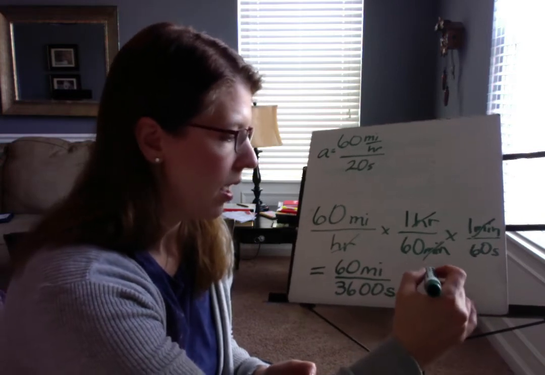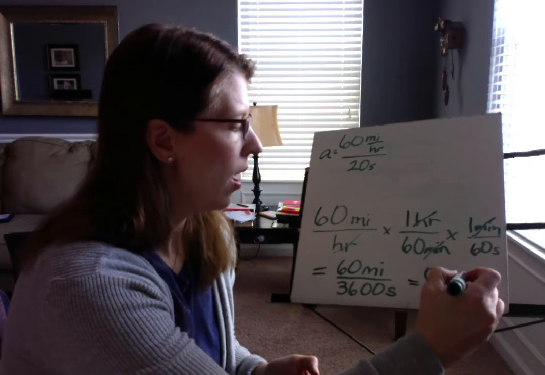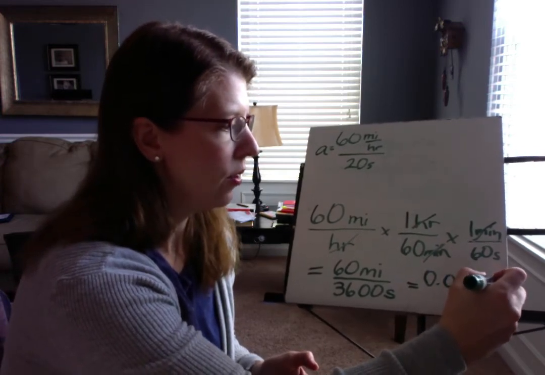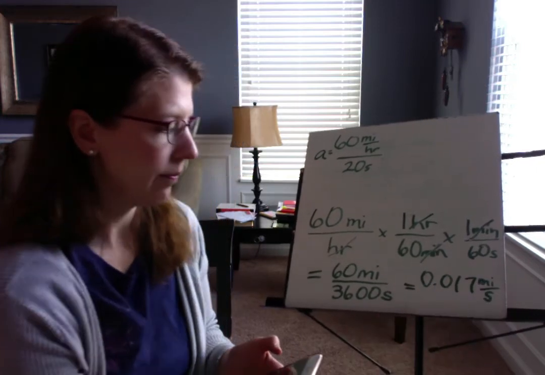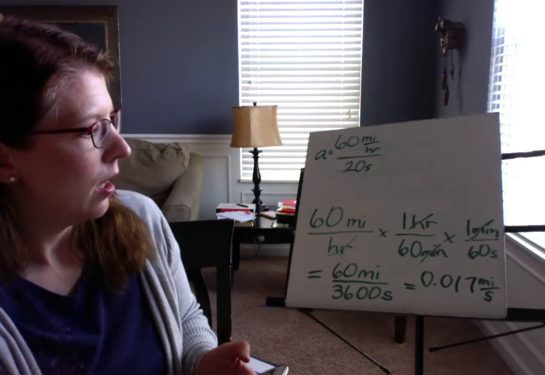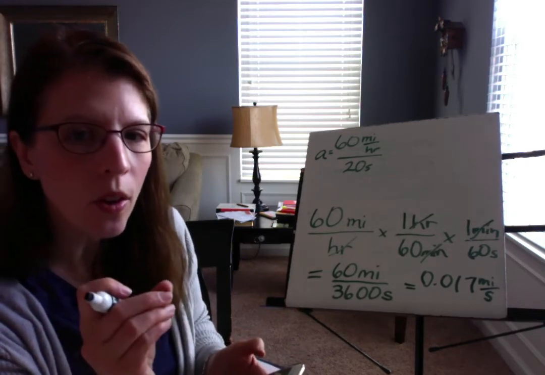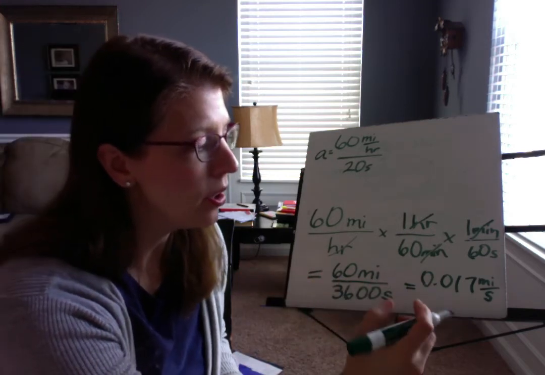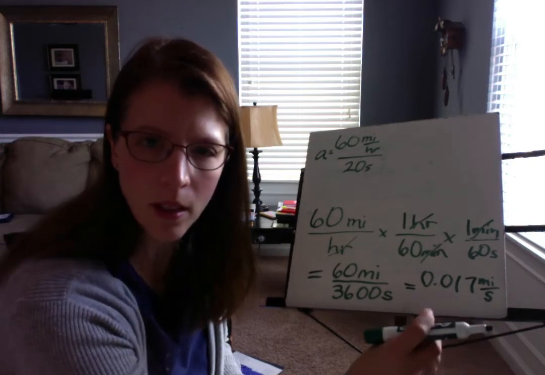All right, so let me plug that in to my calculator: 60 divided by 3,600 equals 0.017 miles per second. Let's see if that makes sense. A second is a really small unit of time, okay? So in that really small unit of time, would it make sense that I'm going a really small distance, 0.017?